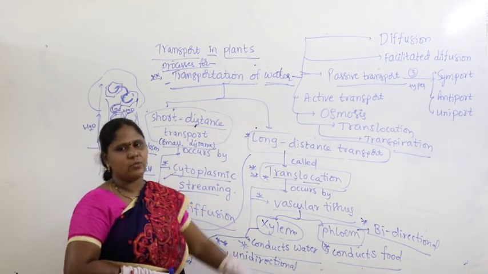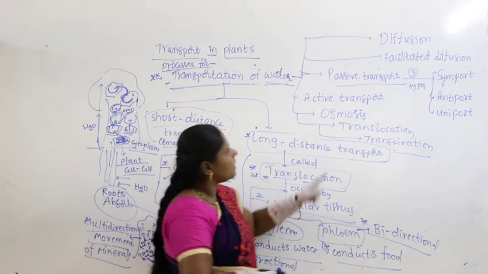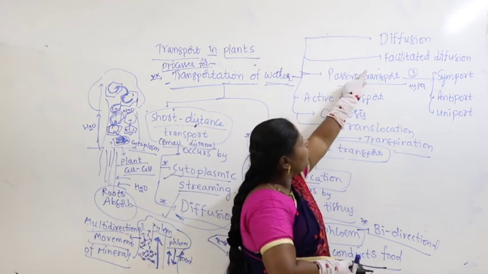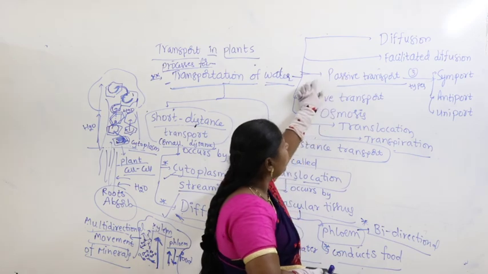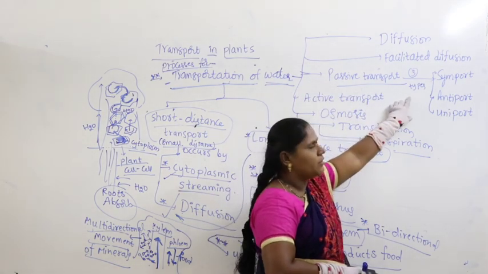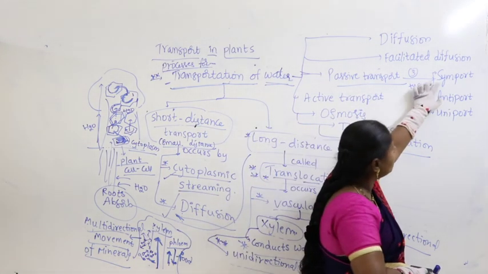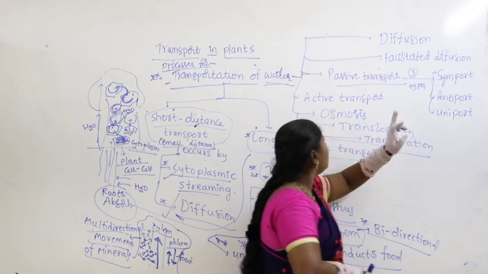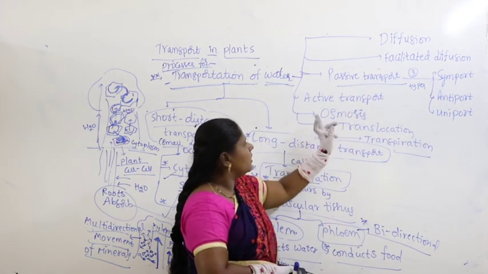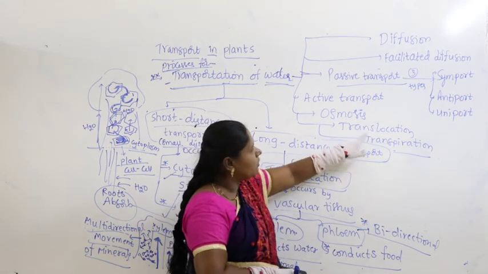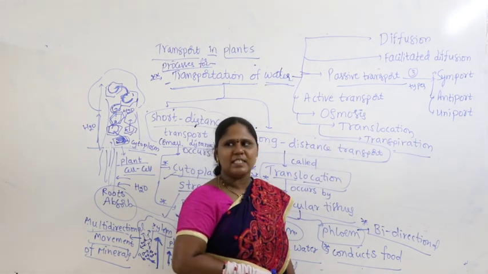Diffusion, facilitated diffusion, passive transport, which is of three types: symport, antiport, and uniport. Active transport, then osmosis, translocation, and finally transpiration.